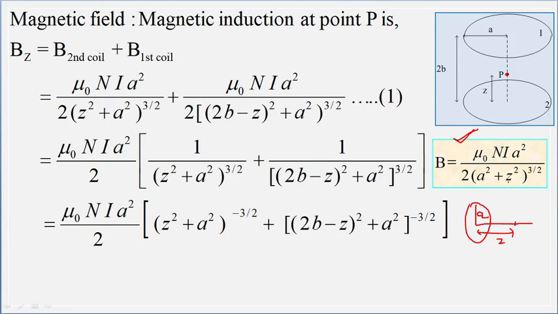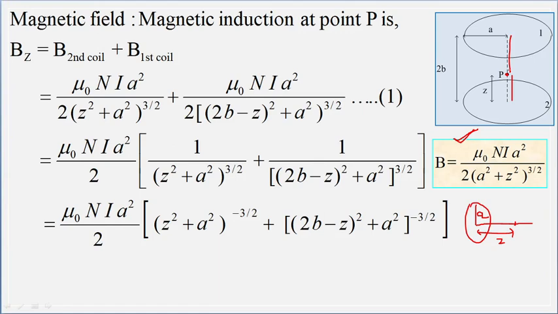Because in the original formula, Z is the distance from the point where you are measuring the field to the center. If you use the second coil, this distance is Z. If you use the first coil, this distance is nothing but 2B minus Z. Then to find the resultant field at the point P, these are identical coils carrying the same current, same radius, same number of turns, and sending the current in the same sense.